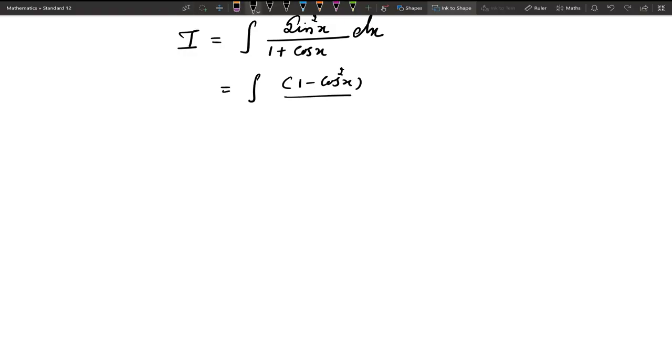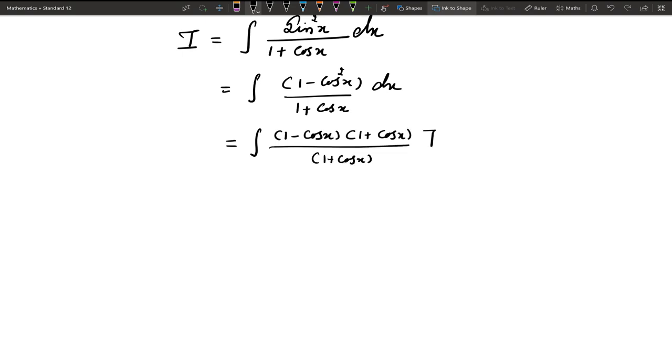Sin square x, using the trigonometric identity, is 1 minus cos square x, upon 1 plus cos x dx. Now the numerator can be factorized: 1 minus cos x, 1 plus cos x upon 1 plus cos x dx.